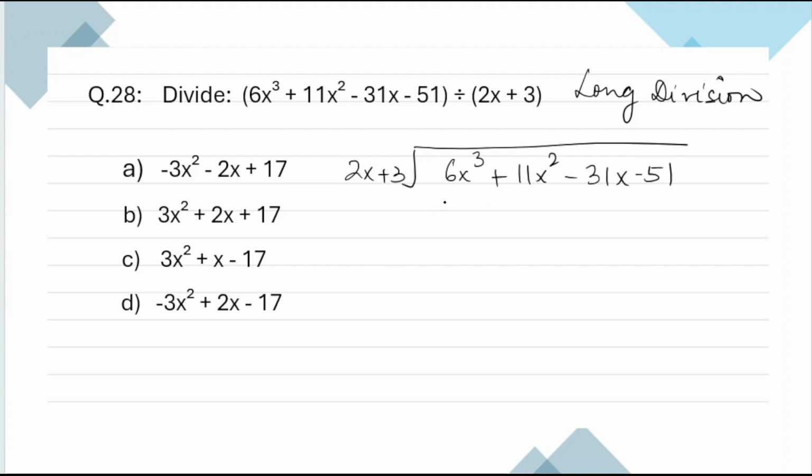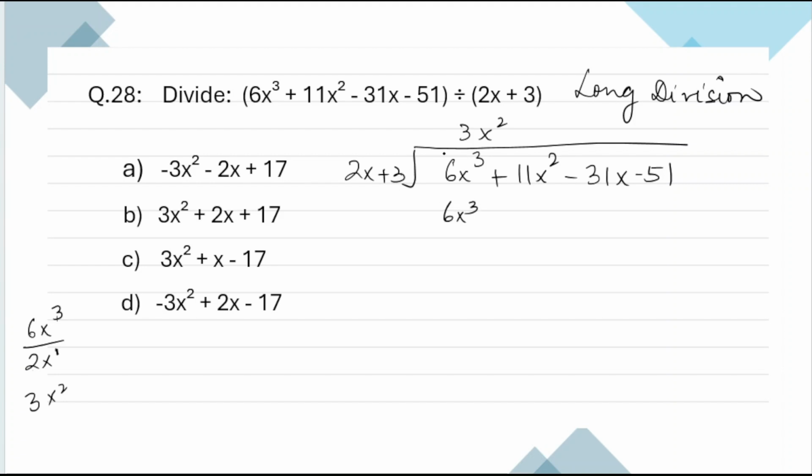All right. So let's pick the first term 6x cubed, and 2x. So 6x cube divided by 2x. What do you get? 6 divided by 2, 3. x cube divided by x is x square. The exponents will get subtracted. So it's 3x square.